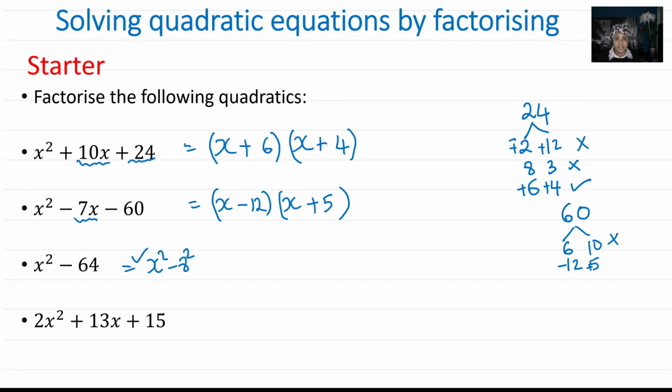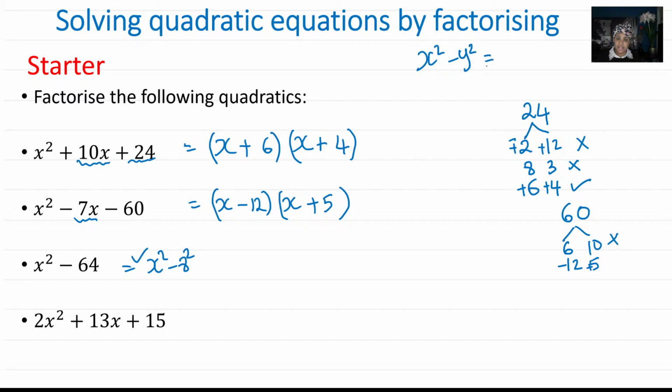Well, if you haven't seen this before, or if you have forgotten, this is called the difference of two squares. So for example, if I have x squared minus y squared, then to factorize this, I need to know the rule.